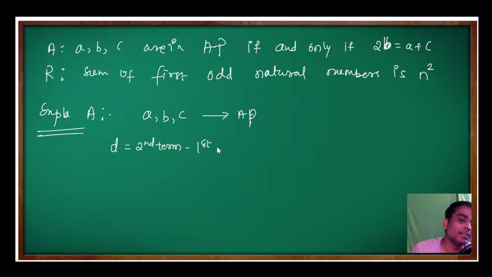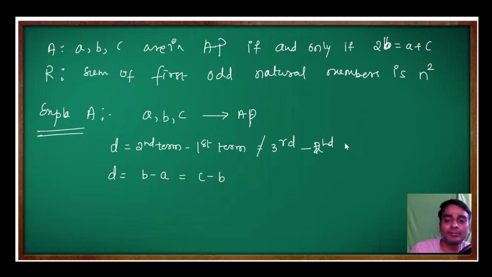So D will be equal to B minus A, which is also equal to C minus B, or third term minus second term.